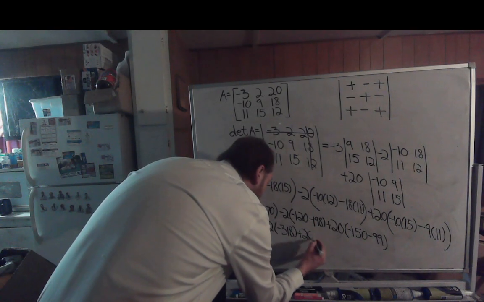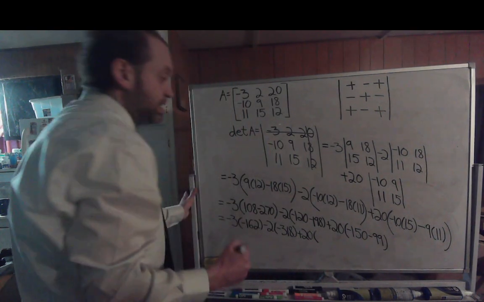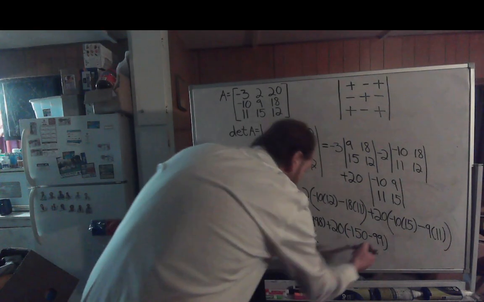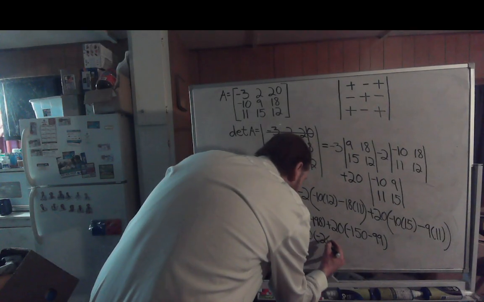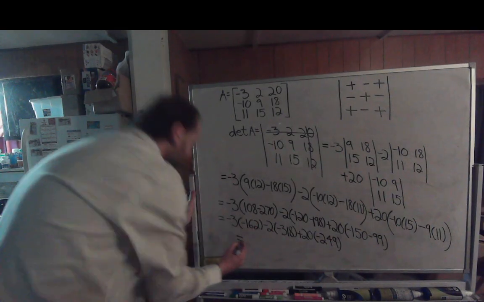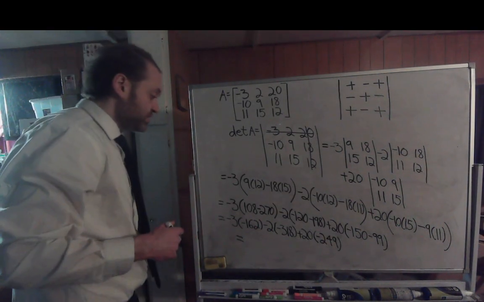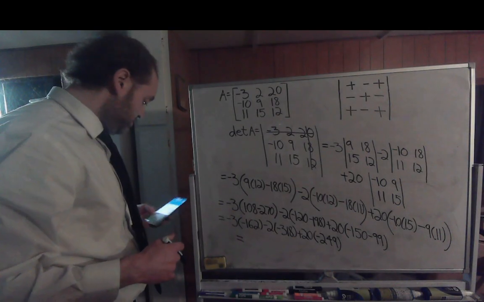Plus 20 times, that would be negative 150 minus 99, that'd be negative 249. Alright, so we're almost there. Let's just do all the multiplication now.